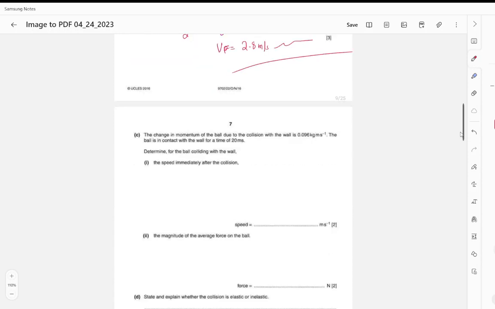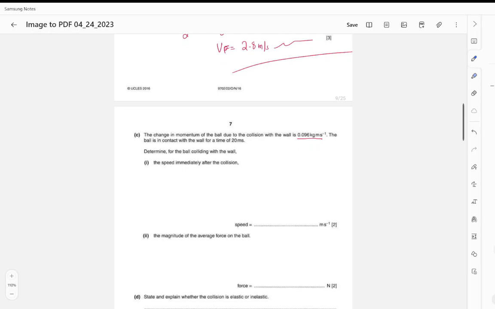The change in momentum of the ball due to the collision with the wall is this. This is the change that is given to us. The ball is in contact with the wall for a time of 20 milliseconds. Determine, for the ball colliding with the wall, the speed immediately after the collision. We need to find the speed immediately after the collision.